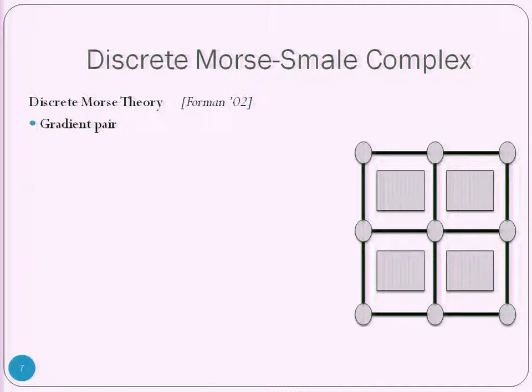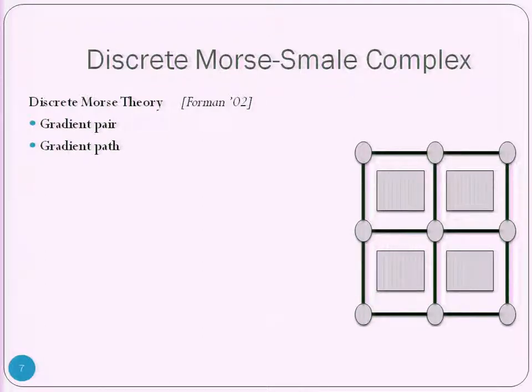A gradient pair is a pairing of two cells that differ in dimension by 1 and are incident upon each other. For instance, you have this vertex and this edge, and you can call them a gradient pair, represented by an arrow that orients itself from the lower dimensional cell to the higher dimensional cell.